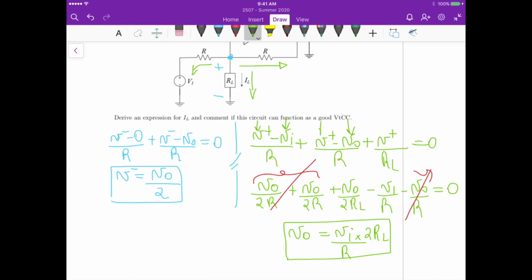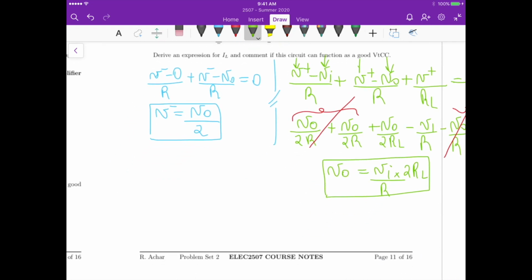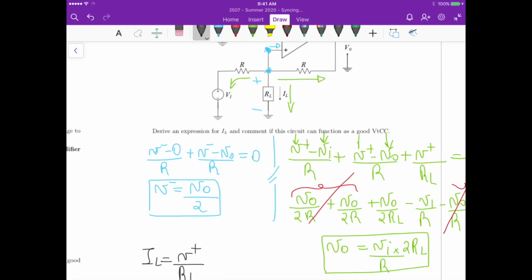And we know that the current IL, the load current, is equal to V plus divided by RL, right? So it's V plus here minus 0 here divided by RL.